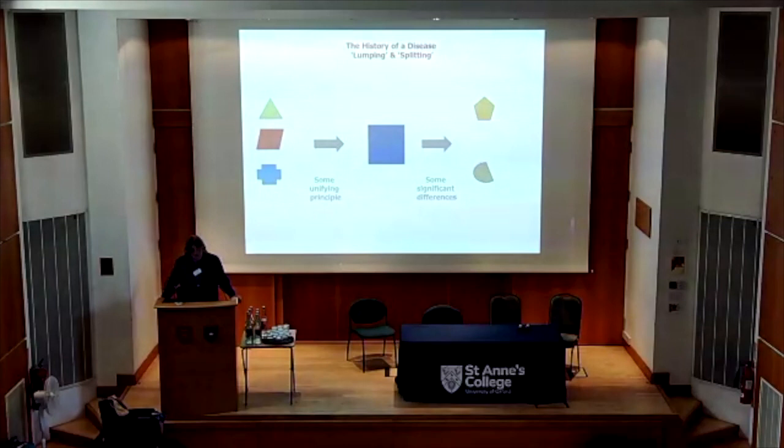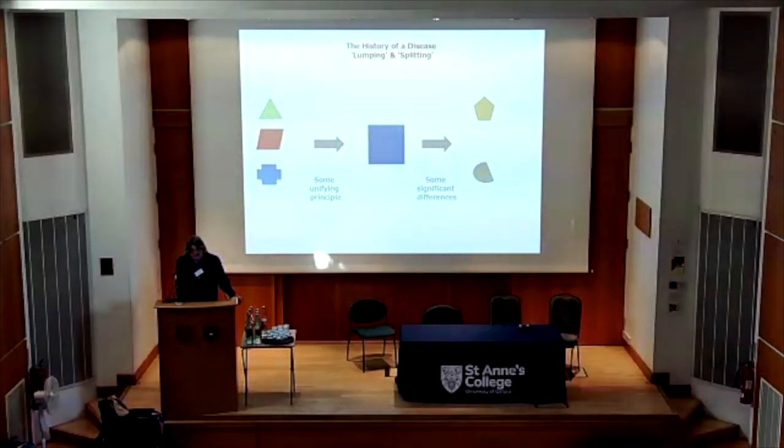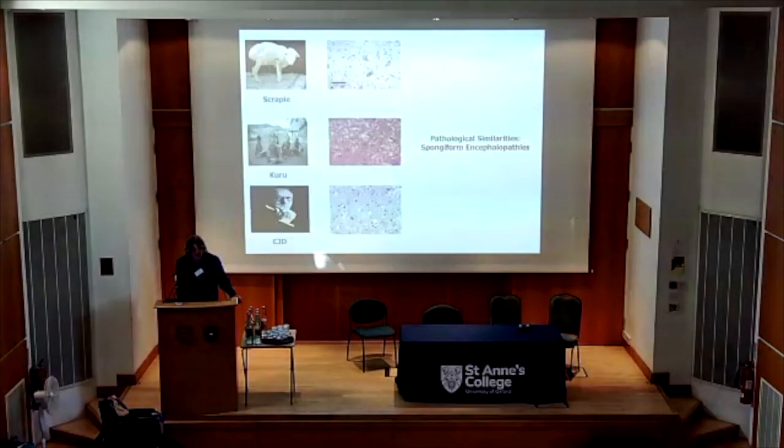Or you might describe something and then split it apart into different diseases. And that's happened in lots of diseases, certainly in neurology, and it's happened with CJD. The term CJD would be applied to different forms of disease at different times over all this period since the 1920s. But I think we have reached a fairly fundamental position now.